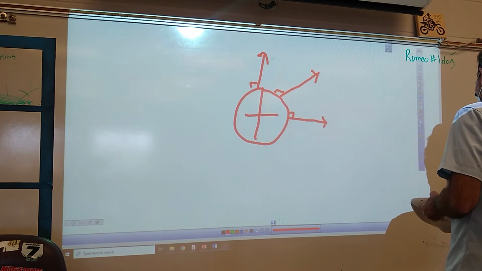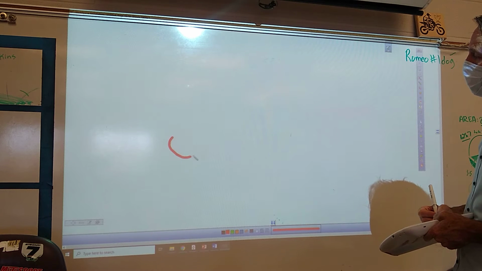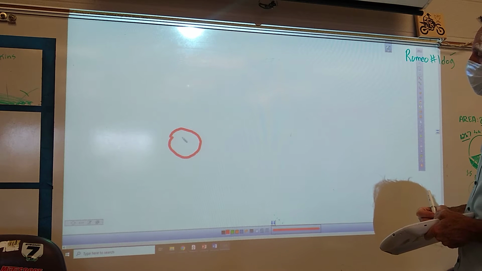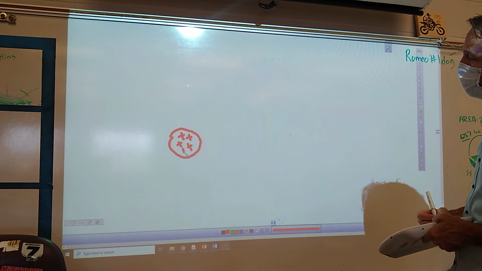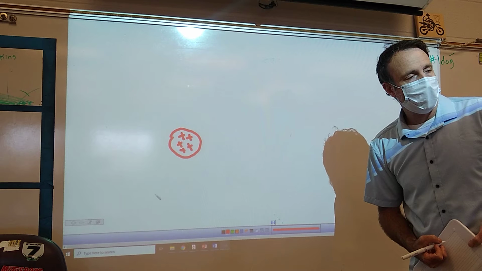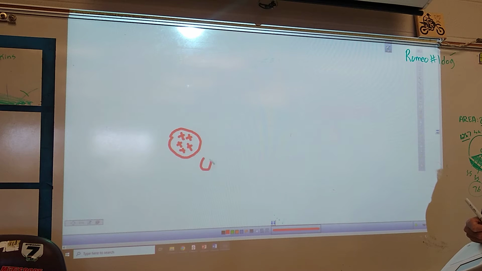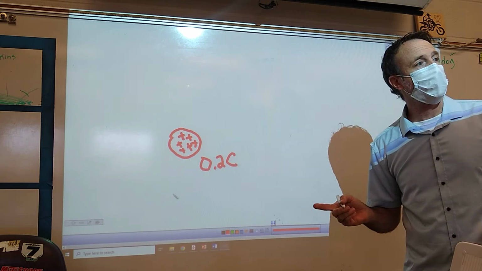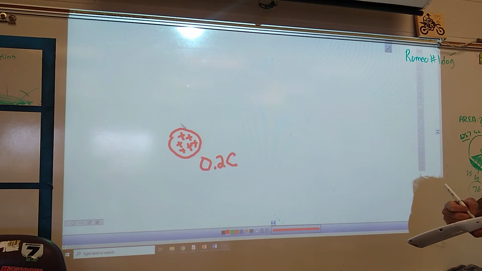So let's take a look at this guy right here. I'm going to draw a pretty strong test charge. All right? I'm going to say this is 0.2 coulombs of charge. And now I'm going to draw the electric field coming out of it, emanating.